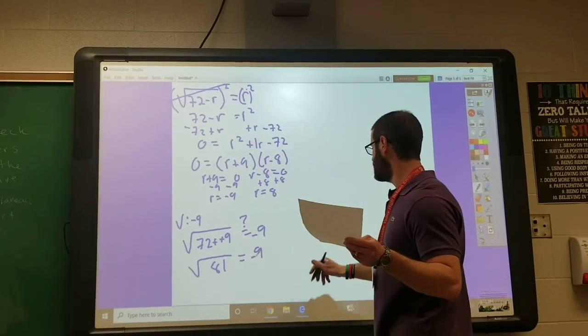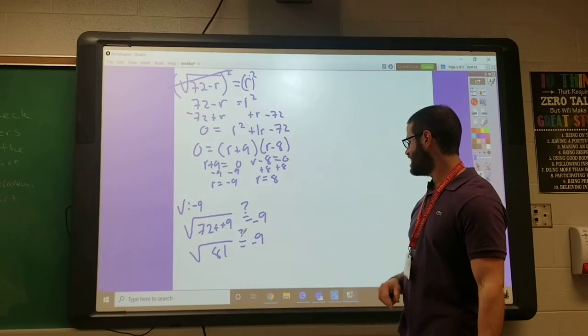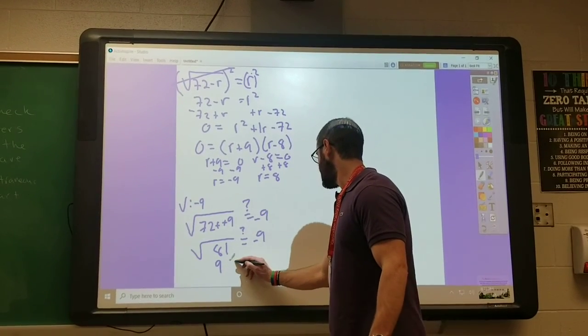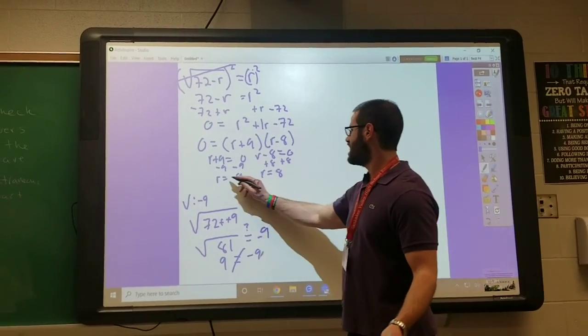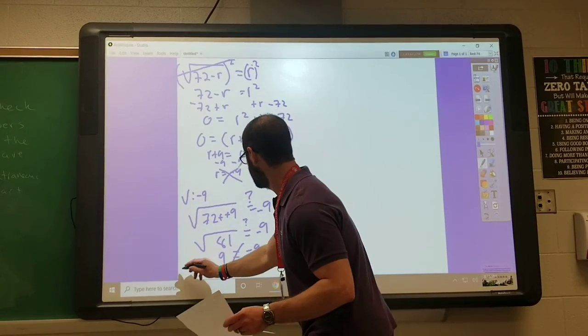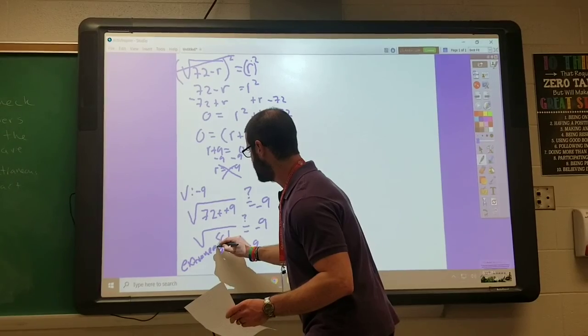So we have the square root of 72 plus 9, which is 81. Our question here is, is the square root of 81 equal to negative 9? The square root of 81 is 9, and that is not equal to negative 9. So negative 9 we would call extraneous. That's not going to be part of our final answer.